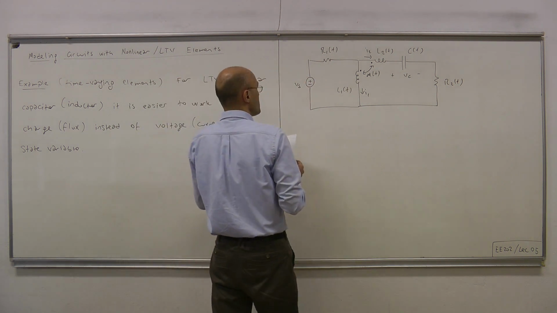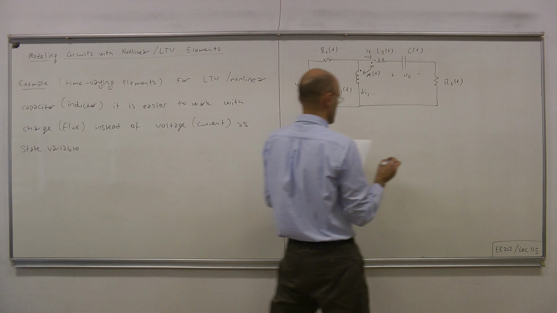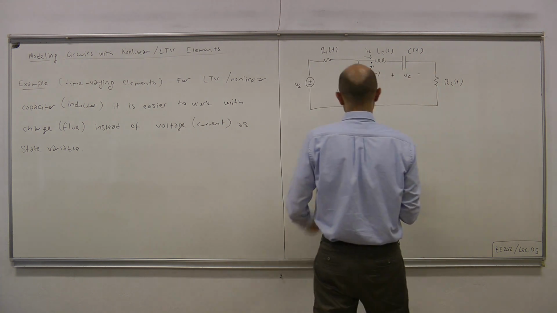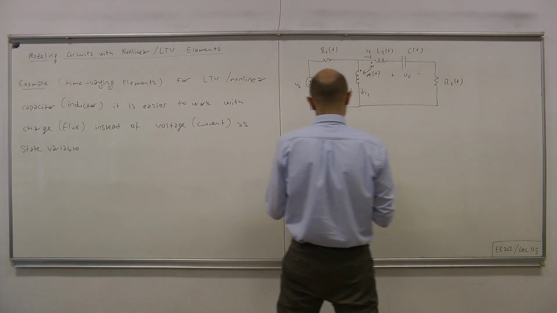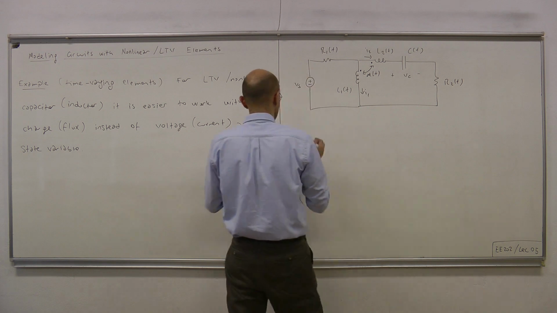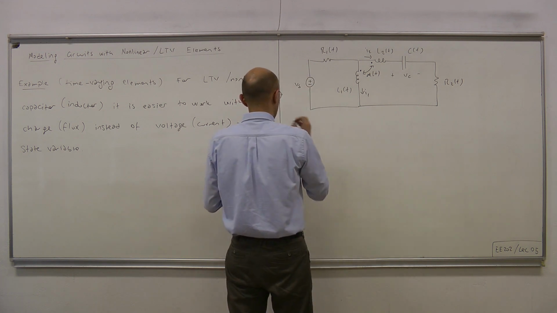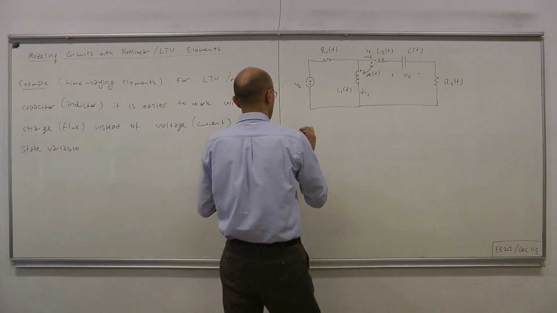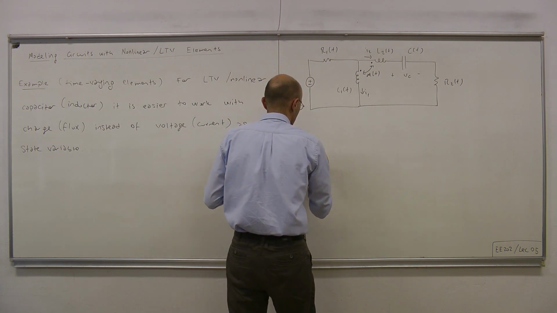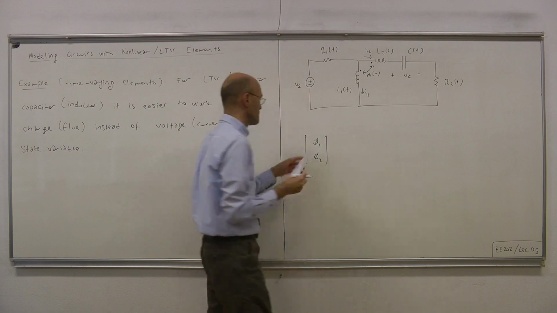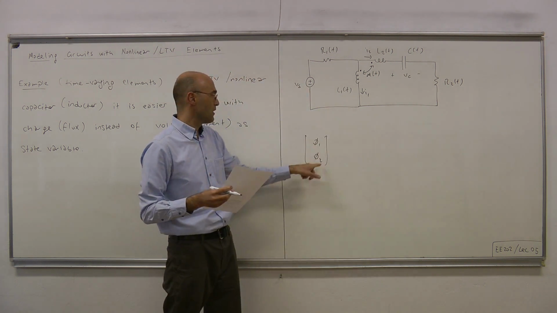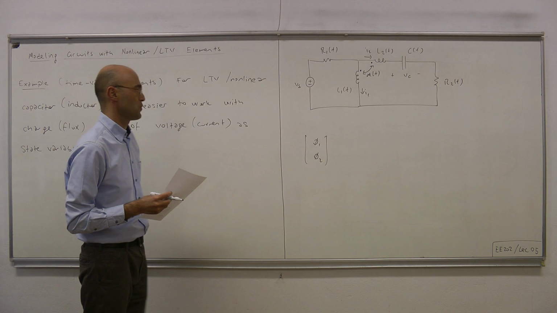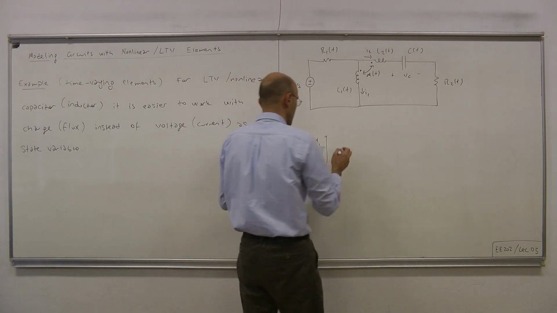Now, let's write down the terminal equations. We have phi1, phi2, where phi1 is the flux associated with the first coil, and phi2 is the flux associated with the second coil.